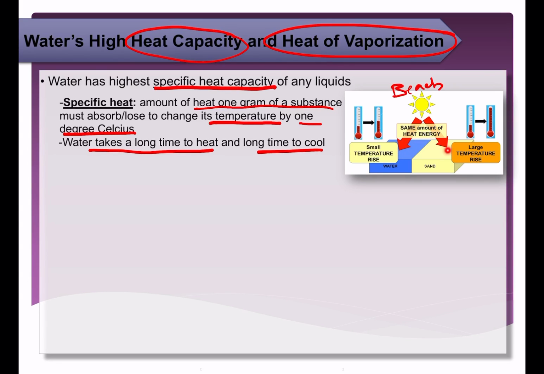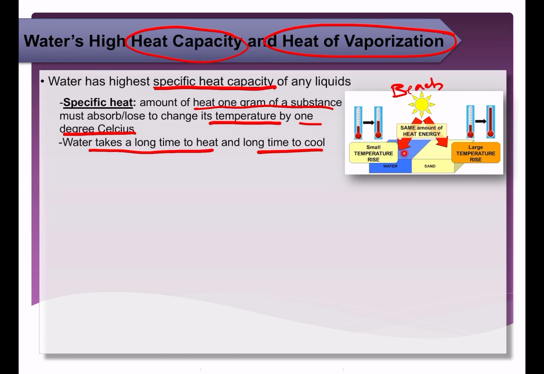Both substances are exposed to the same amount of sun rays. You can't say that the sun likes the sand better, so it's sending more heat to the sand. It's sending the same amount of heat energy. But it has to do with the different heat capacity that sand has compared to water. It takes a lot less heat to change the temperature of the sand, but a lot more heat to change the temperature of the water.